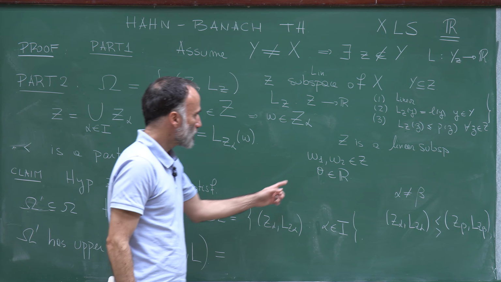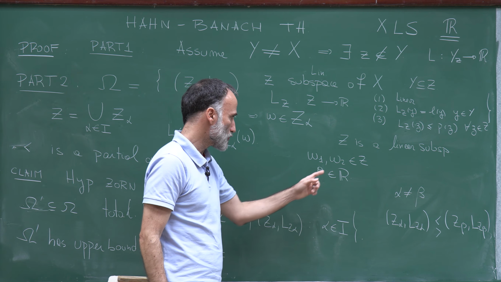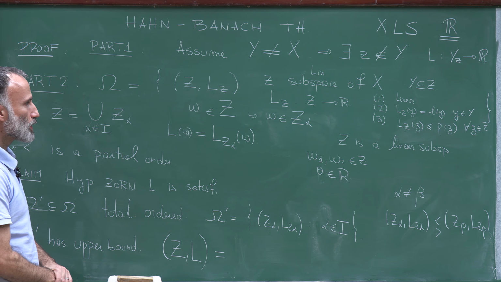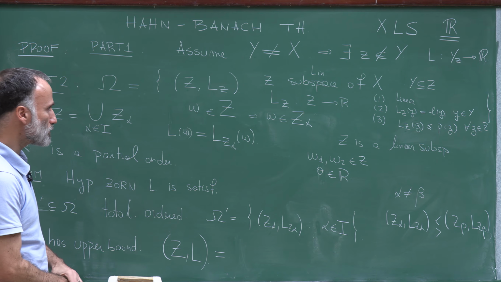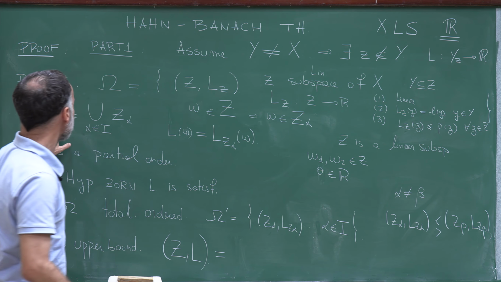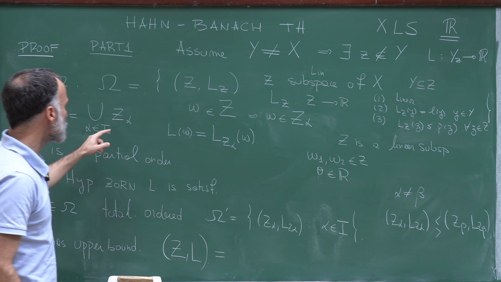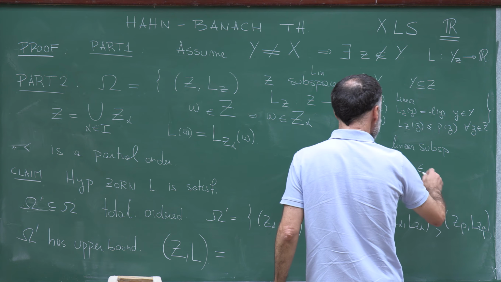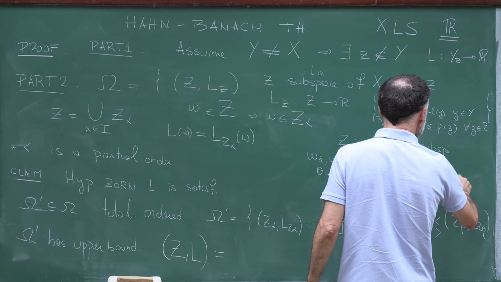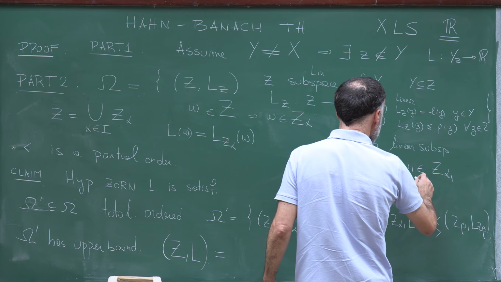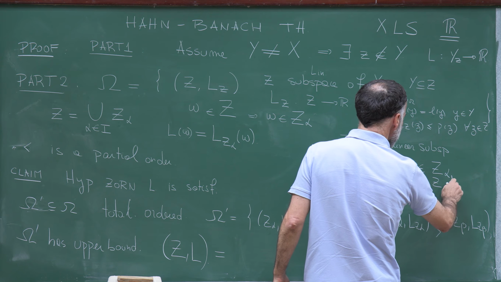I want to show that the sum belongs to Z and that theta times omega 1 also belongs to Z. Since omega 1 belongs to this union, it belongs to Z alpha 1 for some alpha 1, and the same can be said about omega 2: it belongs to some Z alpha 2.